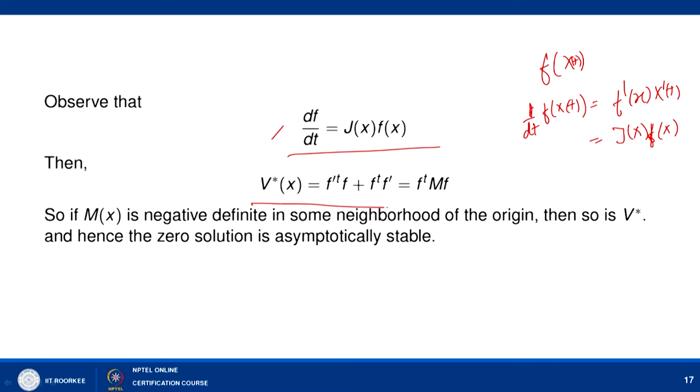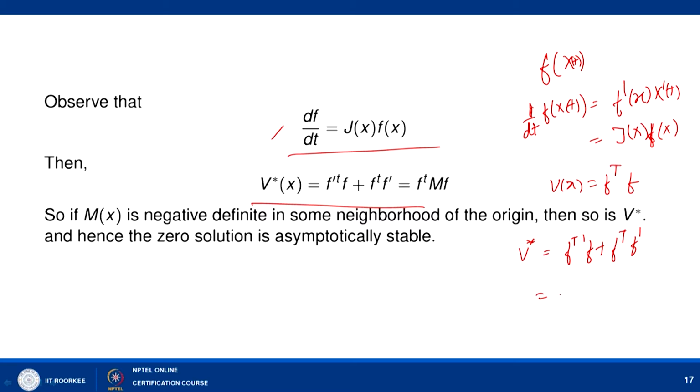So, to find V star of x, V of x is basically f transpose f here. So, V star is f transpose dash f plus f transpose f dash.